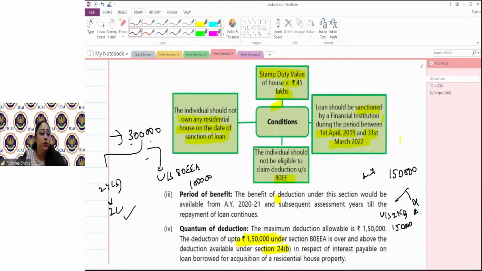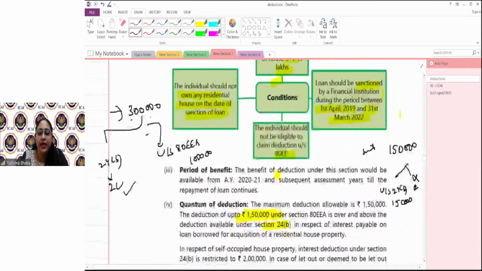And when I talk about close to 1,50,000 more, that means you can save approximately 45,000 to 50,000 of your taxes. So this was a very, very motivating scheme for people to invest in houses. अगर there would have been no sunset clause, क्या कहते हैं, वो जो closing window होता है, people would not have taken it seriously. Okay, so 80EA clear?